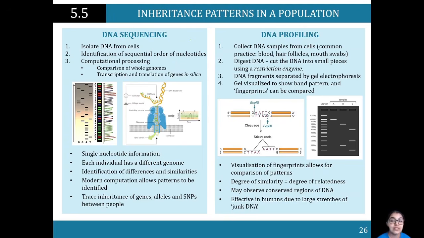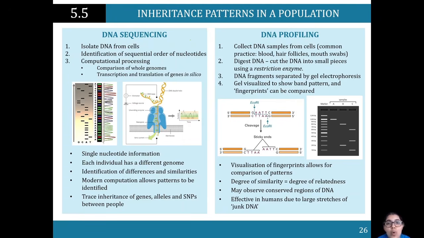And so, as a result of this, we get a lot of information. We get information surrounding single nucleotides and their polymorphism. So if there have been changes in single nucleotides, we also get information about understanding that each individual has a different genome, and we can use that to identify differences and similarities.